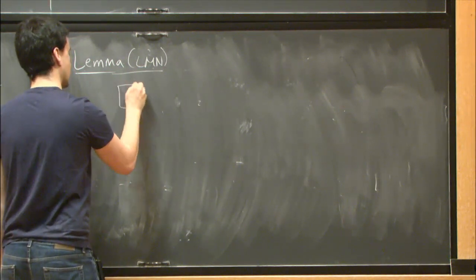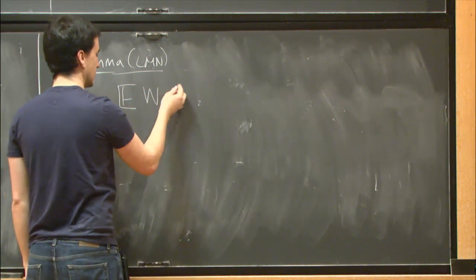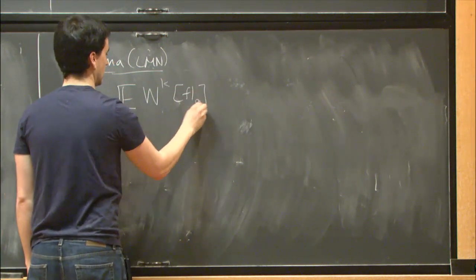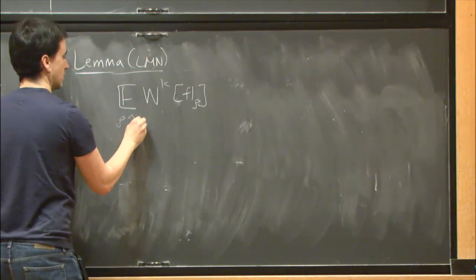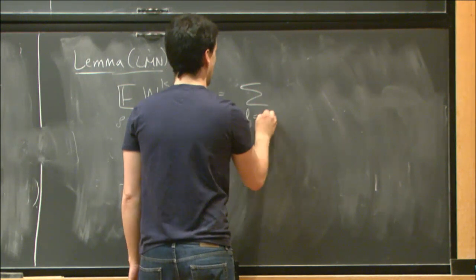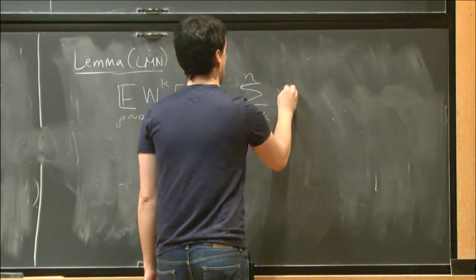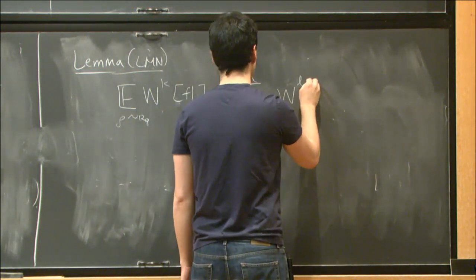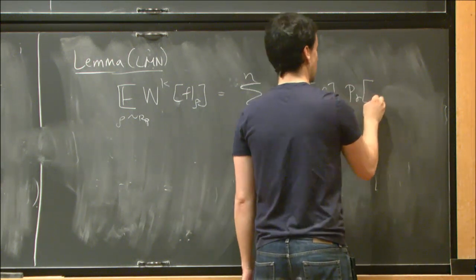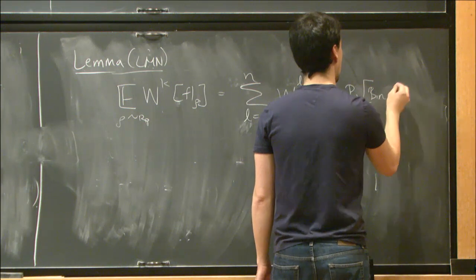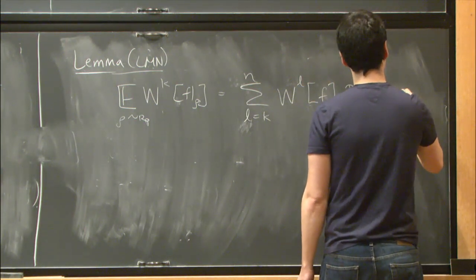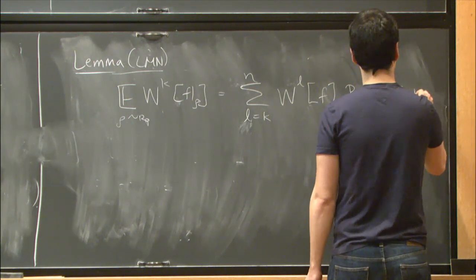So the expected weight at level k of the restricted function equals the weight of the original function at level l times the probability that a binomial experiment with l trials and probability of success p equals k.